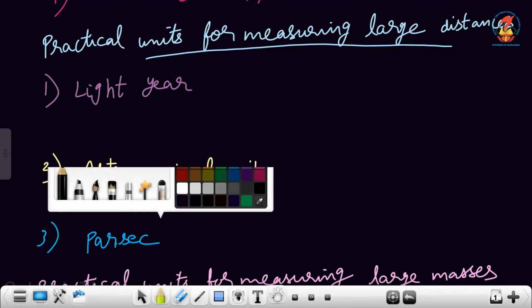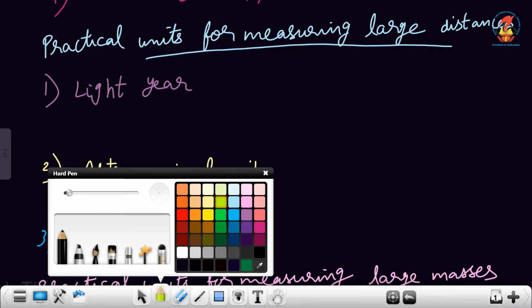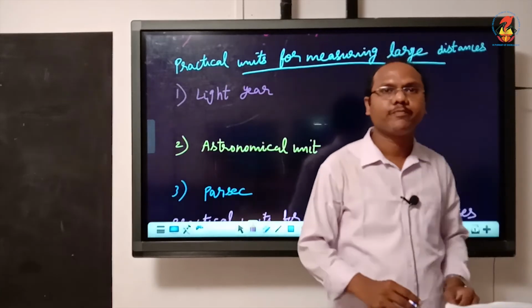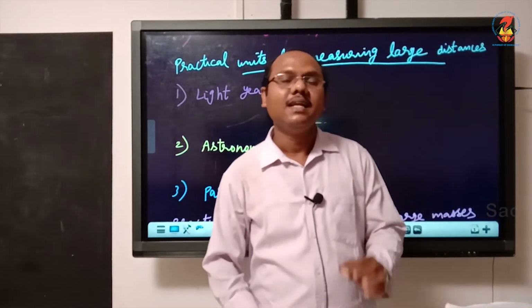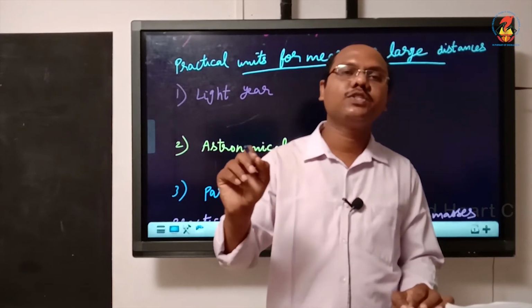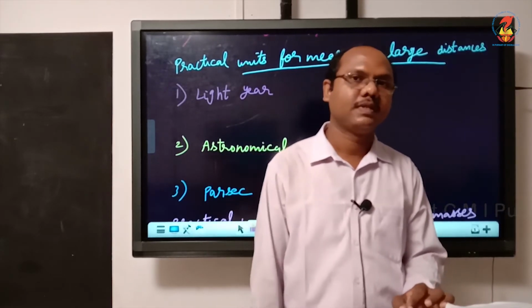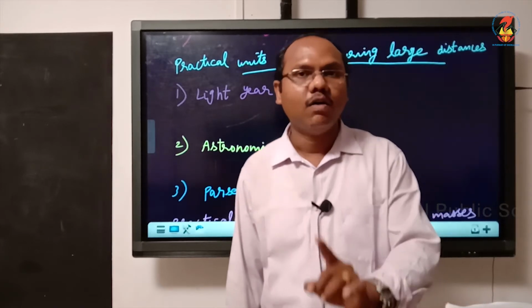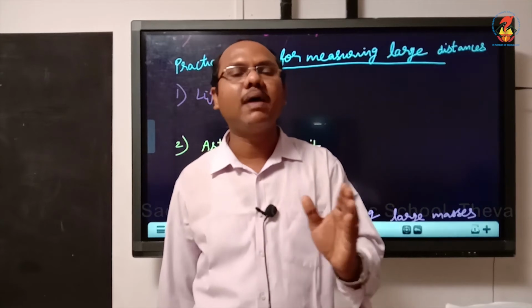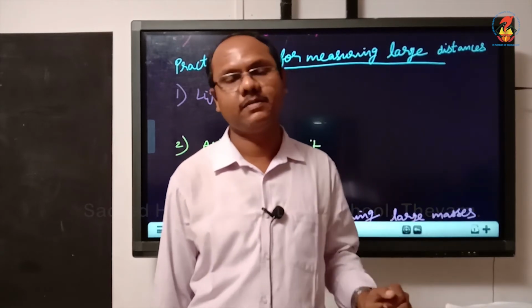The first one is light year. Is light year a distance? Yes. Light year means it is the distance travelled by the light in 1 year. So what is 1 light year? It is the distance travelled by the light in 1 year.